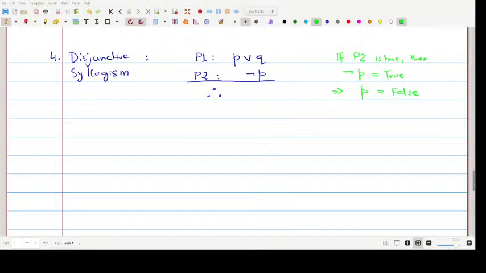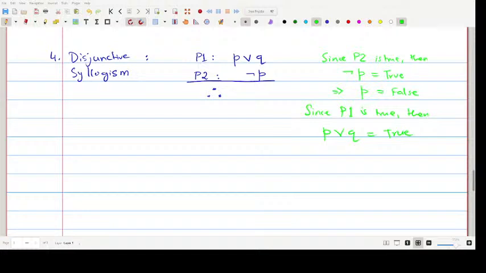Actually, I should replace the word if by since. So since P2 is true, and since P1 is true, then P disjunction Q is true, because otherwise it is not a valid argument.